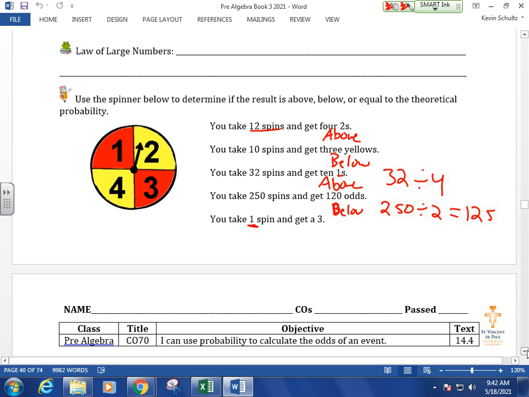Annika? It'll always be above because you only did it 1 time, right? Even flipping a coin, there's only 2 options there. If you only do it once, whatever you get is above what should have happened, right? Because you're not going to get that same thing every single time. So whenever there's 1 of something, you're always going to be above.